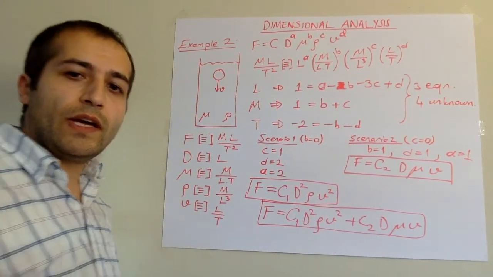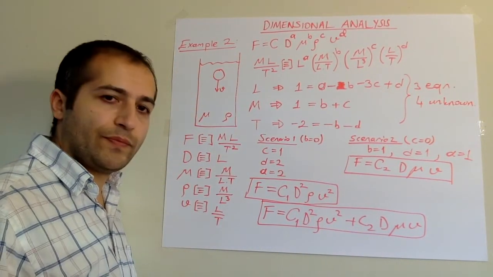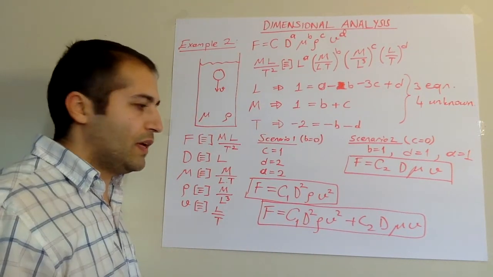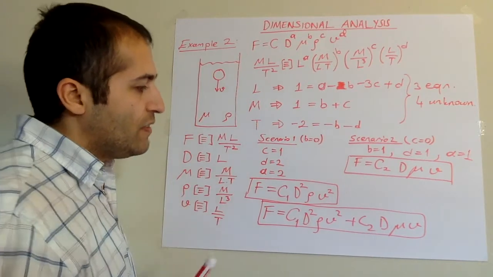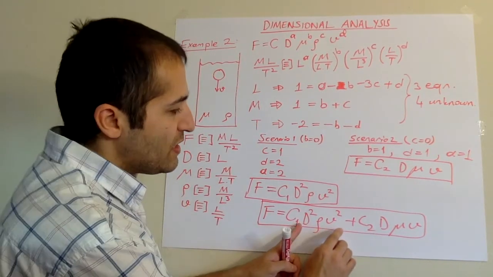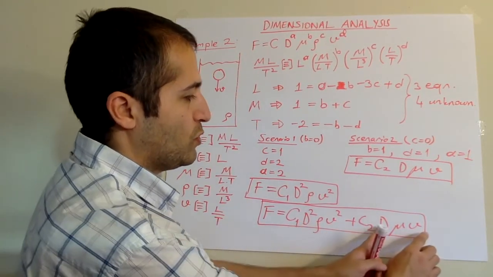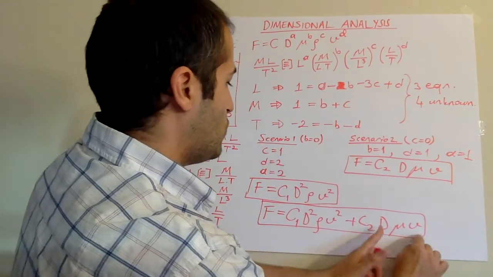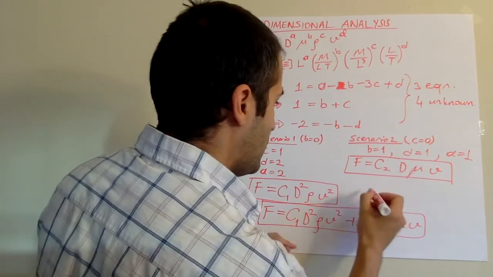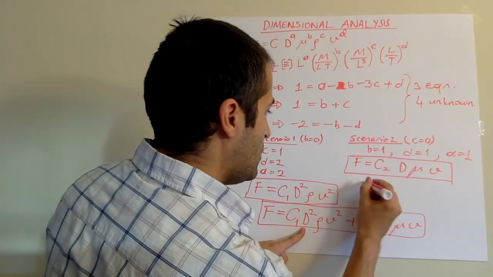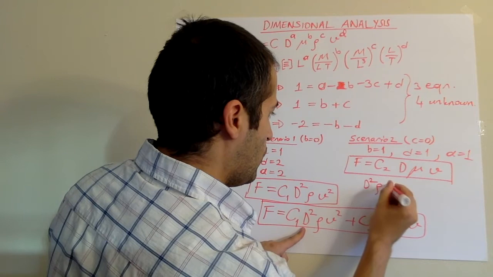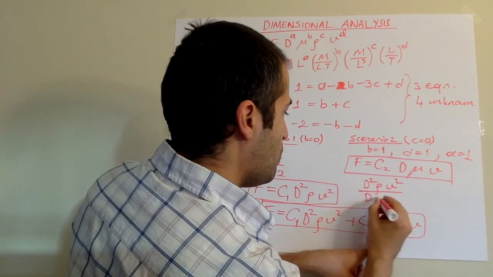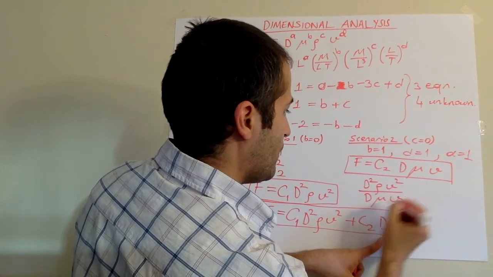Now, here's the thing. There is another thing that this formula tells us. It's the following. You can think about what is the contribution of this term as opposed to this term. So you can divide this term to find a unitless number, which is d squared rho v squared divided by d mu v.